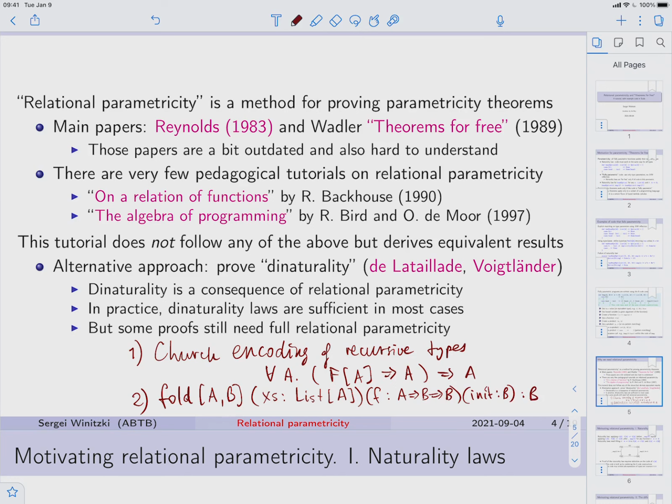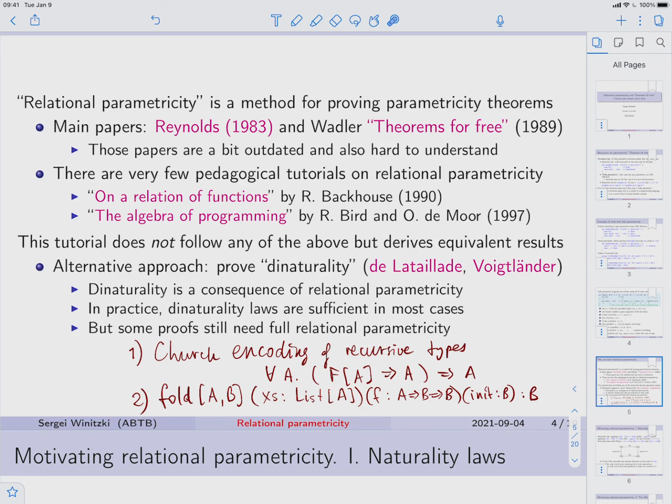With respect to the type parameter b, b appears in a covariant position and a contravariant position under the function arrow, and again, just like here, there are too many positions in which the same type parameter occurs, and this is a heuristic indication that dinaturality is not going to be sufficient. So you need to have full relational parametricity for these proofs to work.